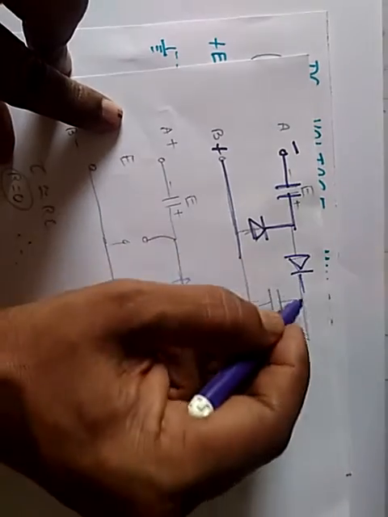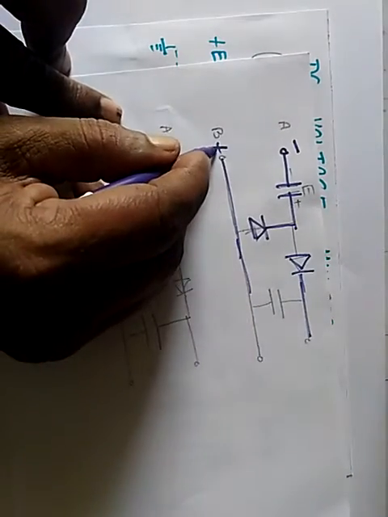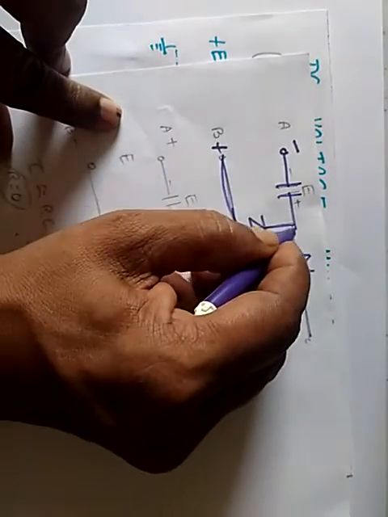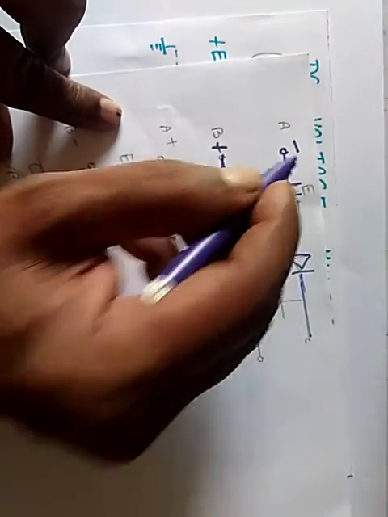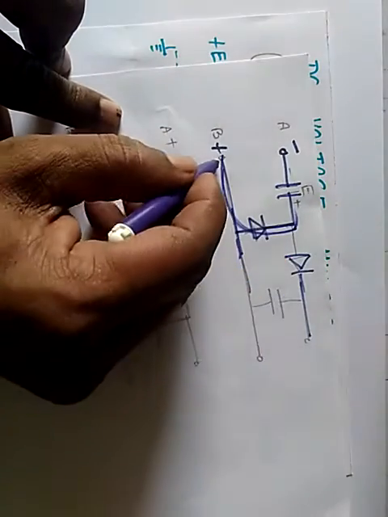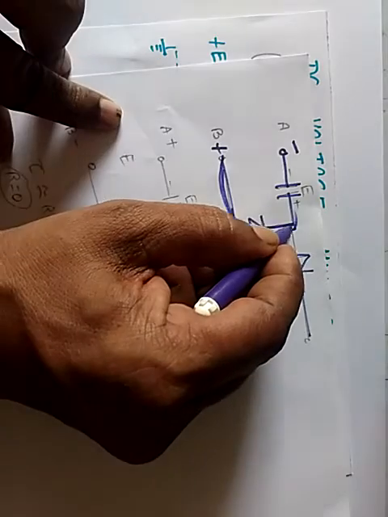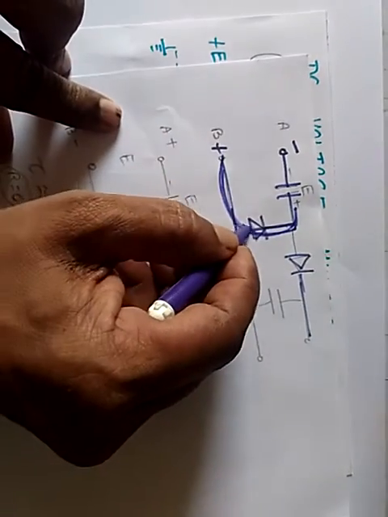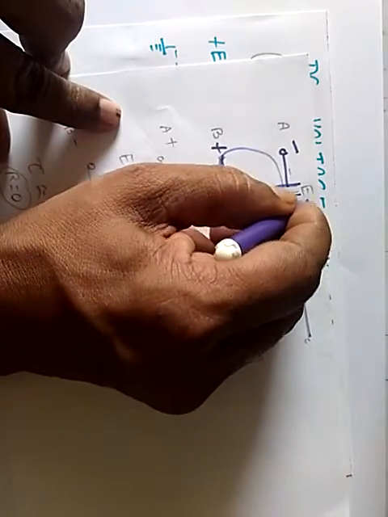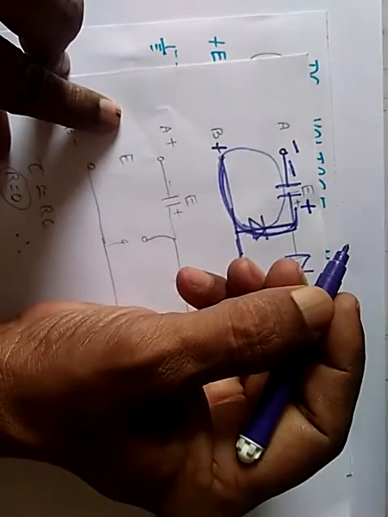Since this is positive and this is negative, this diode is forward biased and acts as a short. So the circuit gets completed like this.